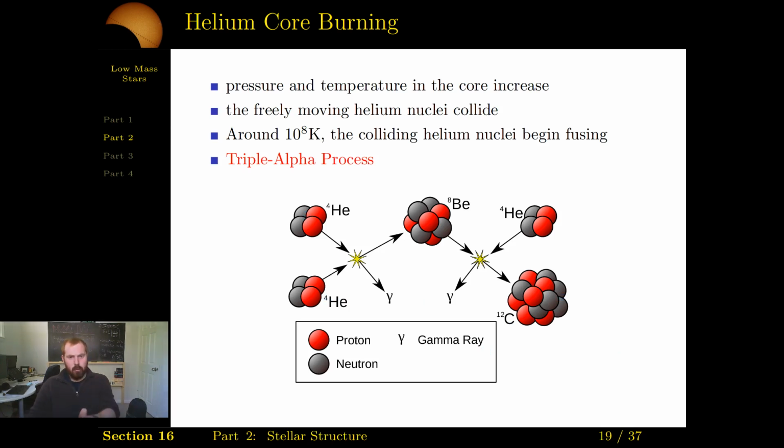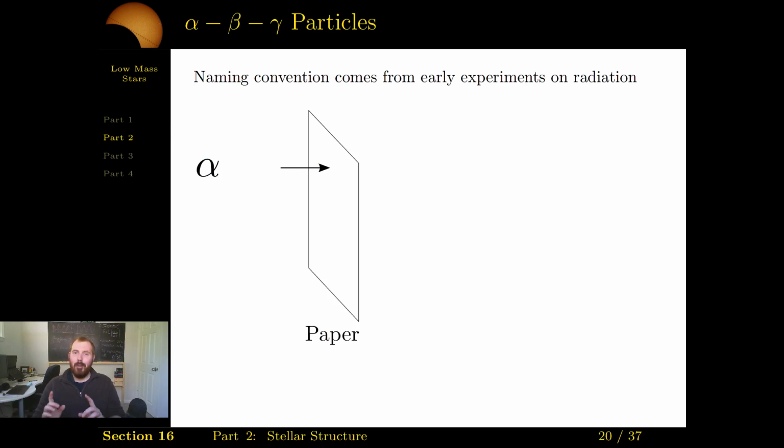Now, before I go through this in a bit more detail, why do we call it the triple alpha process? Bit of history for you. We're going to talk about radiation and our human understanding of it. So you might have heard of things about alpha particles, beta particles, gamma particles, or just this catch-all alpha, beta, gamma radiation. What the heck are those?